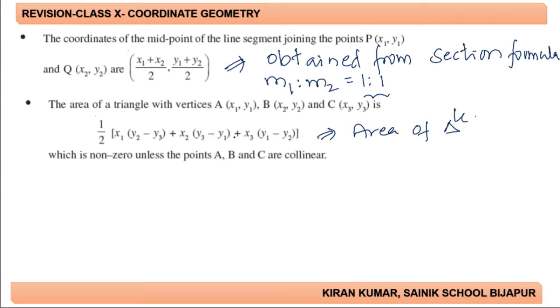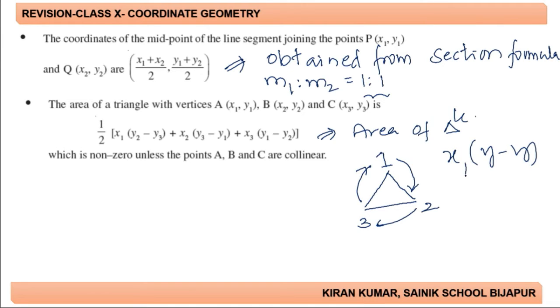To remember this formula, we can remember it in this way: 1, 2, 3. It goes in an order. First, it starts from 1 for the x value: 1, 2, 3.